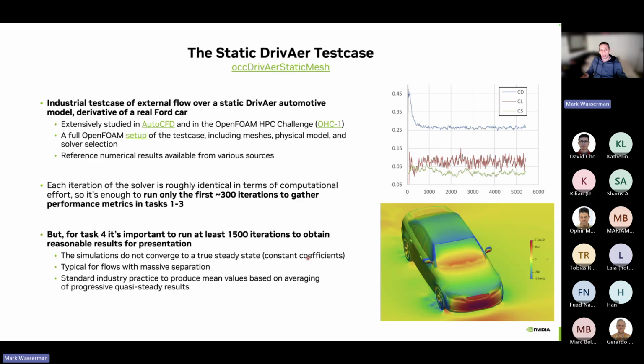So what is typically done when we report results like this is that we average them over a certain period of time after the results reach a quasi-steady point, such as shown here. This we call a quasi-steady behavior, where the values of a specific coefficient fluctuate around some kind of mean value, and we attempt to average them and report that mean value.